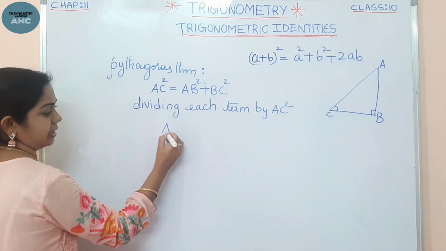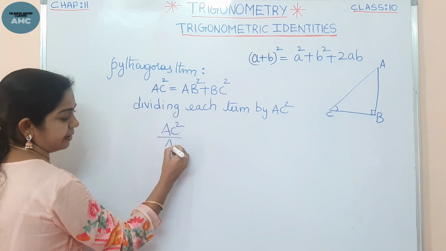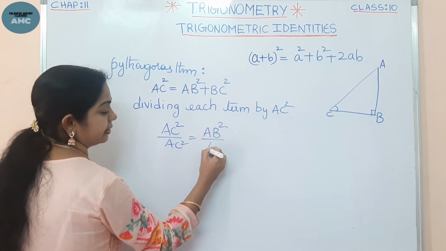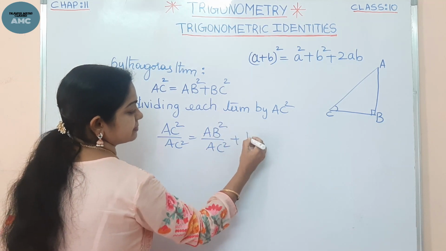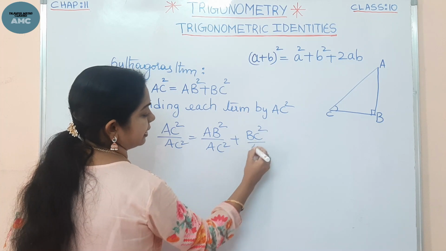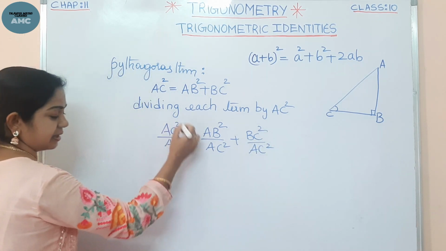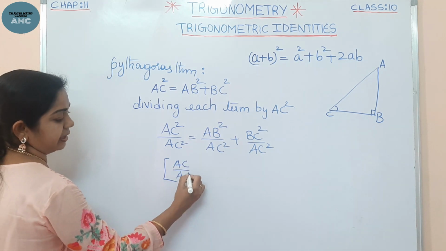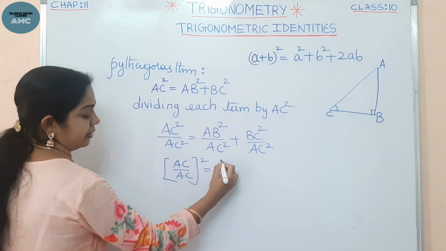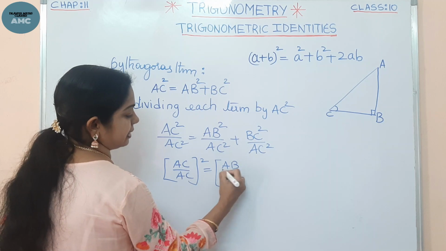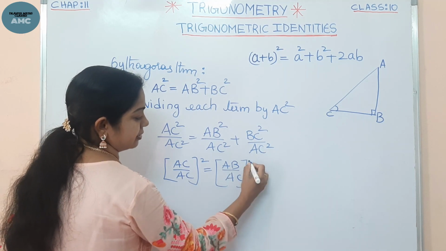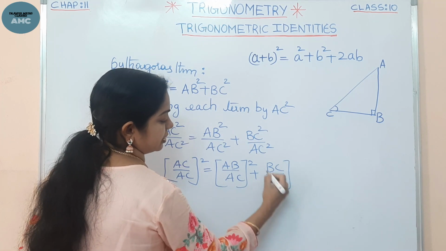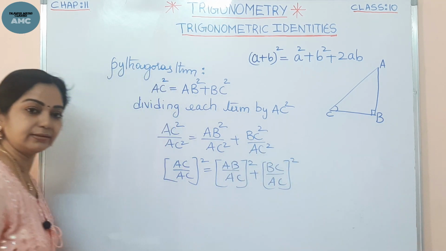So, that comes to AC square divided by AC square equals AB square divided by AC square plus BC square divided by AC square. So, we can write this as AC by AC whole square, now AB by AC whole square, likewise BC by AC whole square.